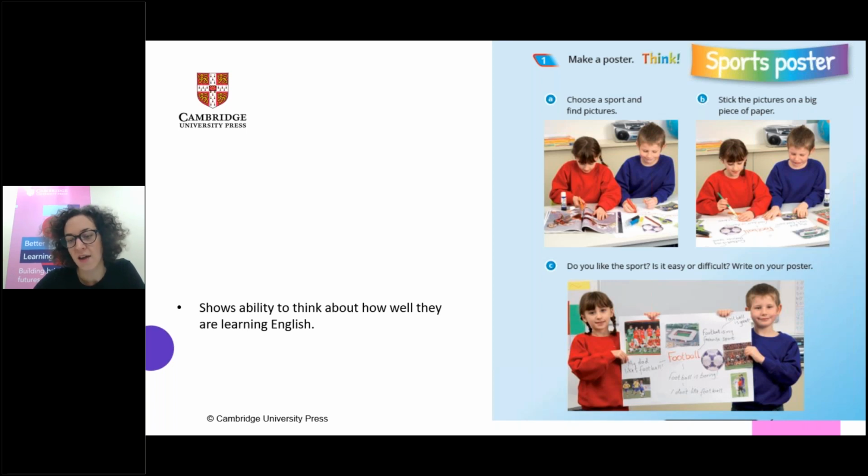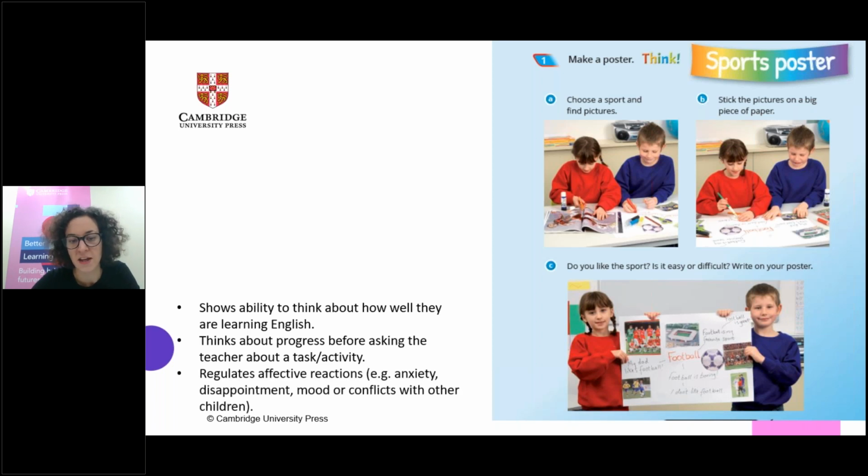Then students can evaluate themselves, how well they've learned the topic, how they can label all the pictures they found for making the poster, if they have to look into the book, or they can remember it properly without a book. Thinks about progress before asking the teacher about a task, and regulates effective reactions.